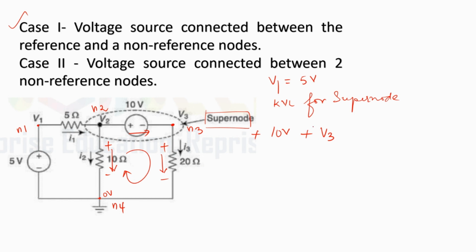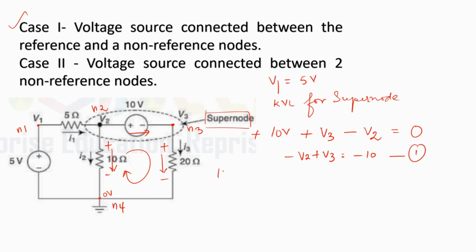In case of 10 ohms resistor, it is going to be minus V2, because after all, the drop across 10 ohms resistor here is V2 minus 0. So all this put together for the KVL, Kirchhoff's voltage law says that the algebraic sum of all the drops and rises is going to be 0. So we have minus V2 plus V3 is equal to minus 10. This is the first equation.